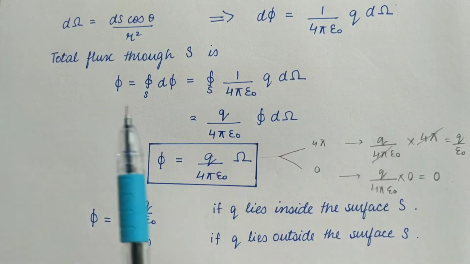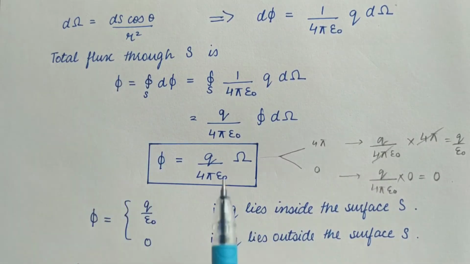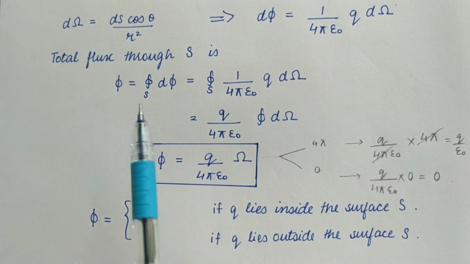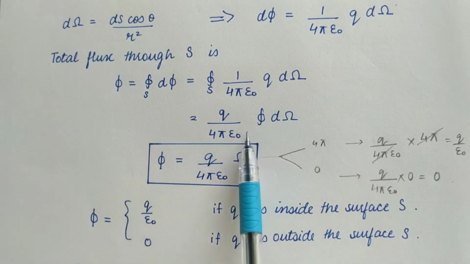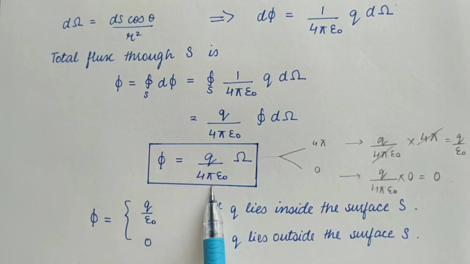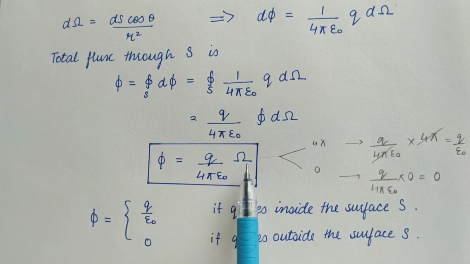Then we had taken the total electric flux on that Gaussian surface, and after surface integration we get q upon 4 pi epsilon naught omega, and after putting the values of the omega that are 4 pi and 0, we get the value of flux as q upon epsilon naught if the charge is inside the surface and 0 if q is outside the surface.